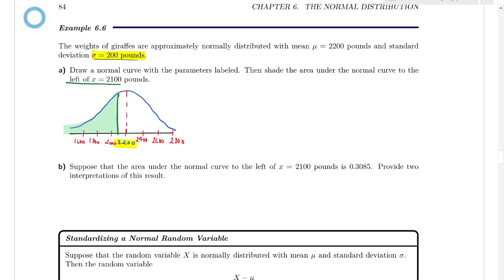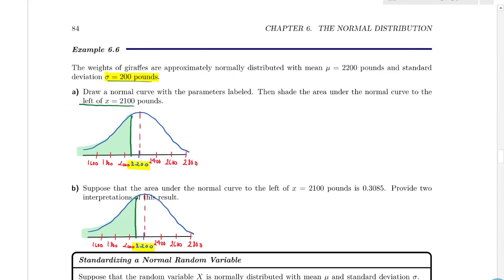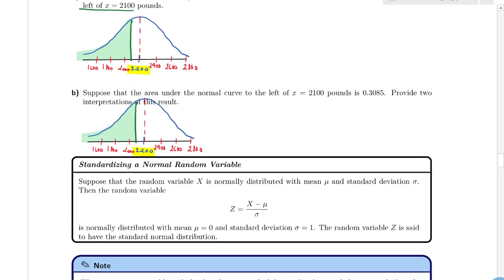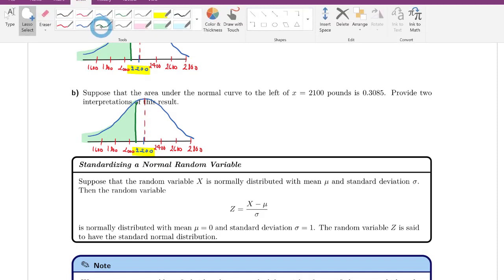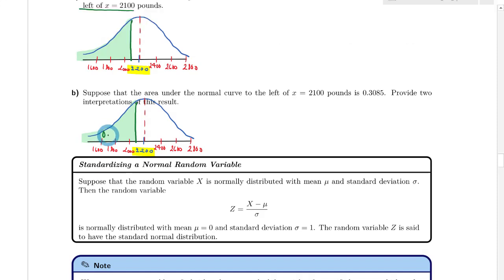So if I took this and copied it, this left area would be 0.3085. That would be the area. Now provide two interpretations of this.